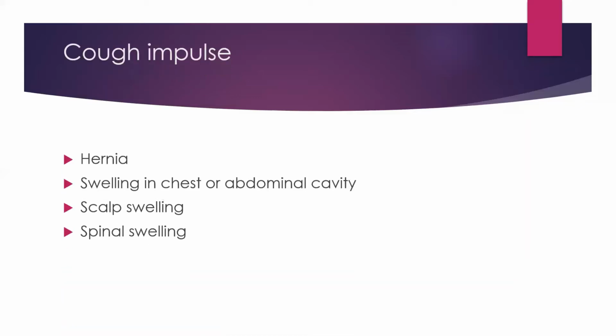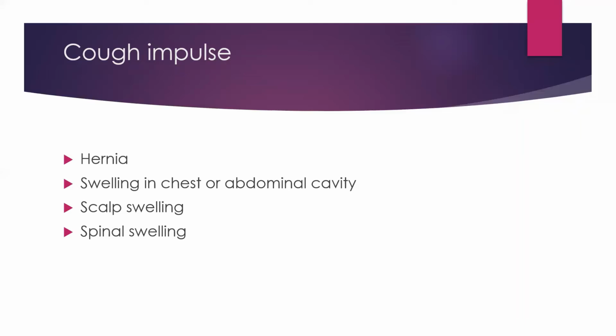So the cough impulse is possible in a few swellings. You have to tell the hernia: the inguinal hernia, the femoral hernia, the epigastric hernia, the incisional hernia. There are lots of hernias. In every case, the cough impulse will be visible. Or any swelling in the chest or abdominal cavity, so you have to look for the cough impulse test.